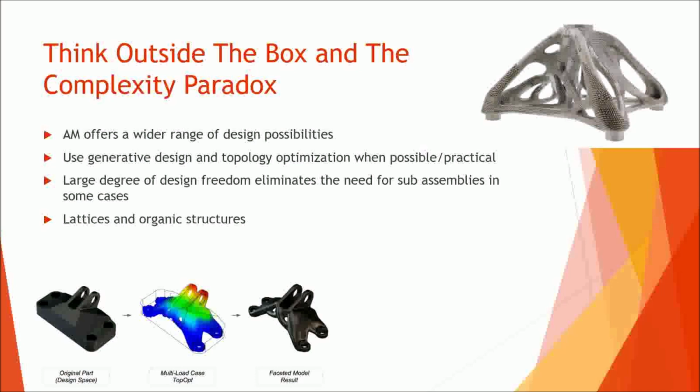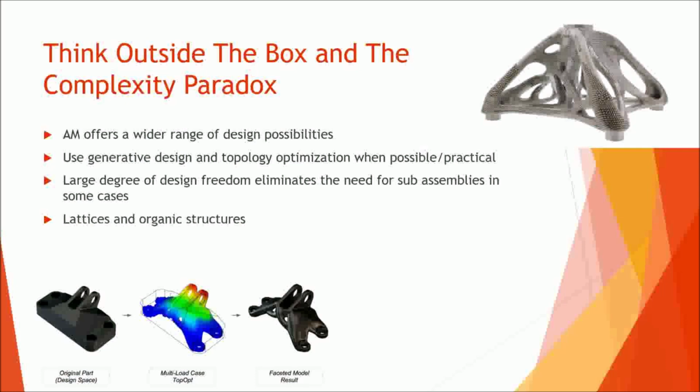So it's kind of counterintuitive to the way you would normally think to design a part. You can see the pictures on the screen. Even though they're printed in metal, which some FDM printers can do, Desktop Metal is doing that.